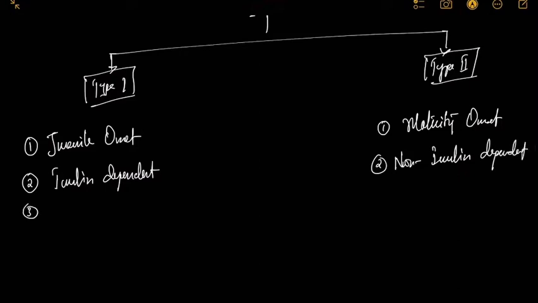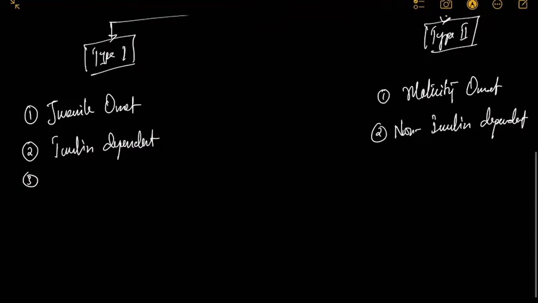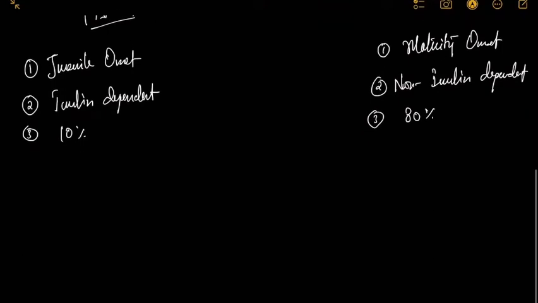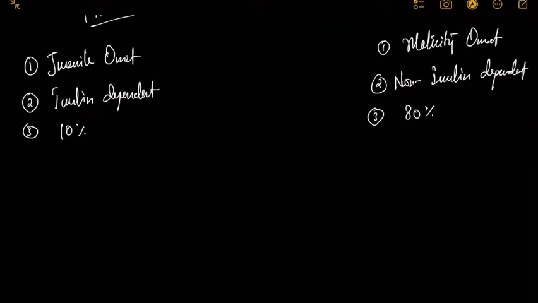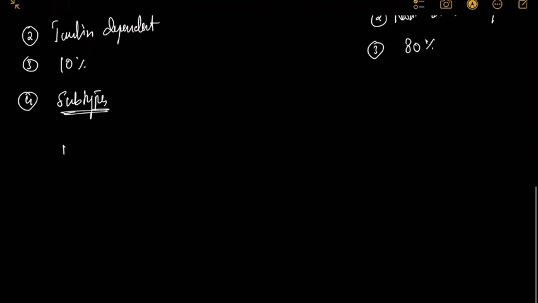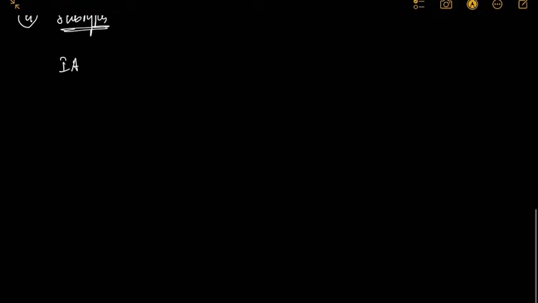Type 1 constitutes about 10% of the cases, whereas type 2 constitutes about 80% of the cases. And coming to type 1, it has two subtypes, type 1A and 1B. So 1A is an immune mediated condition.